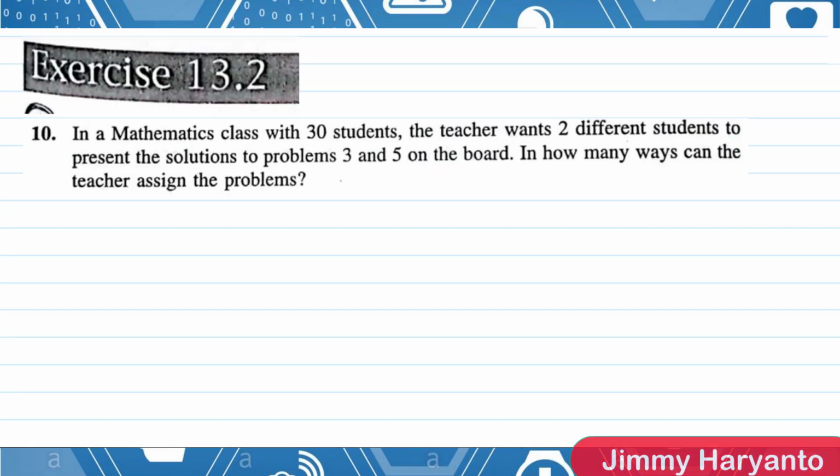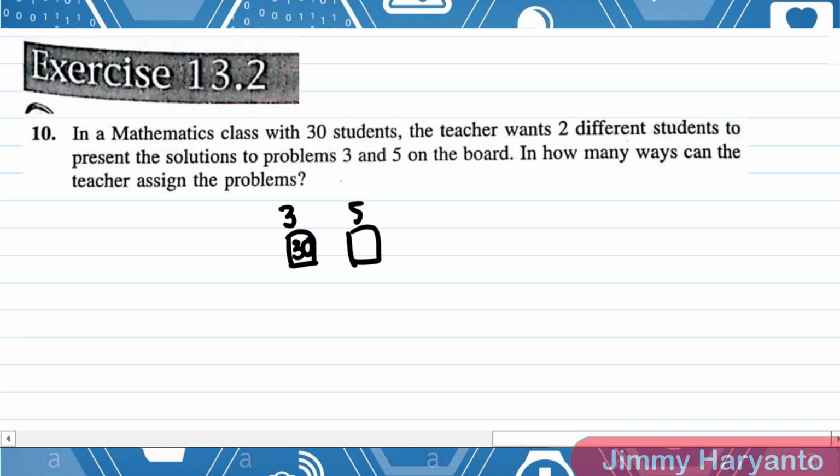Okay, next, number 10. In a mathematics class with 30 students, the teacher wants 2 different students to present the solution to problems 3 and 5. So we have 2 boxes, one for problem number 3 and one for problem number 5. There are 30 students, so problem 3 can be solved by any of the 30 students. There are 30 possibilities.